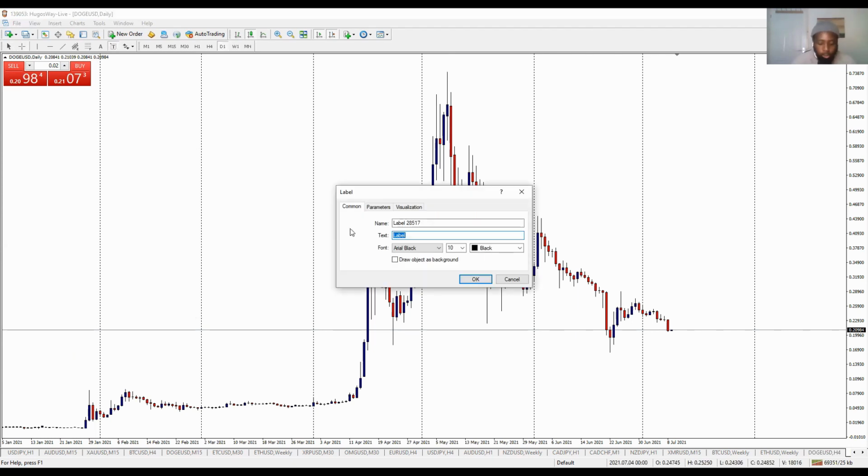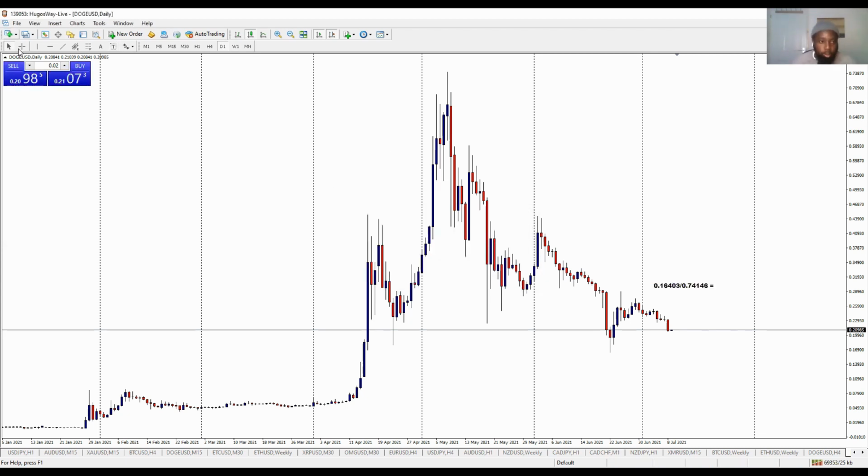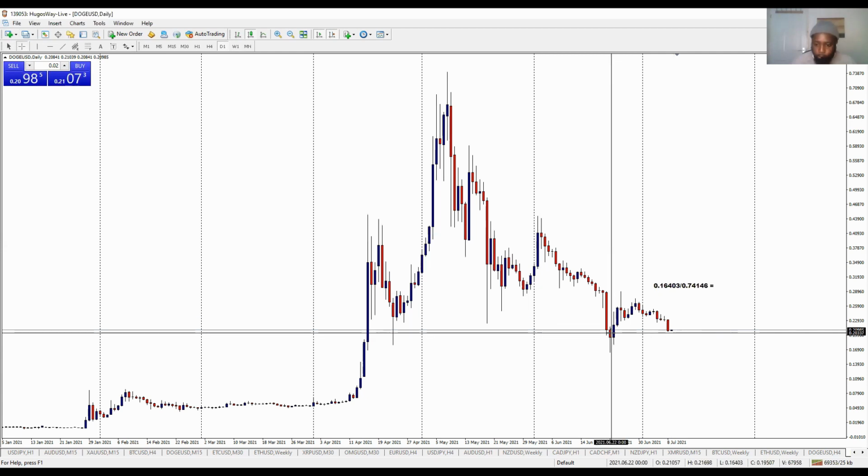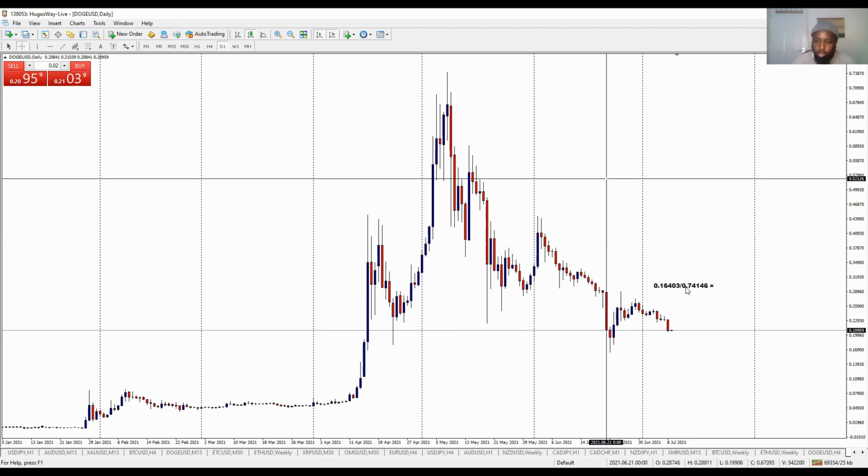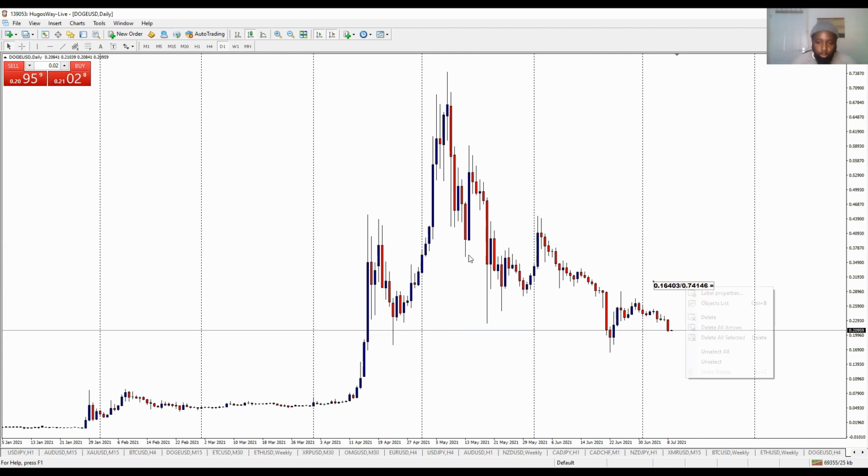If I got that wrong, you can correct me on that. Now, this is not final, I'm just going to double check one more time to make sure I got that right. So the low is 0.16403 and the high is 0.74146. These are in dollars, so let me put the dollar signs on.